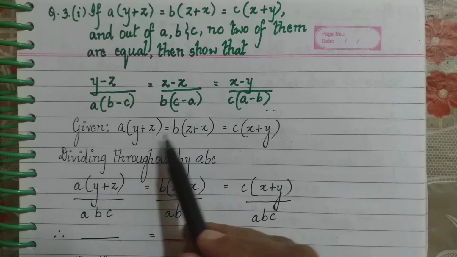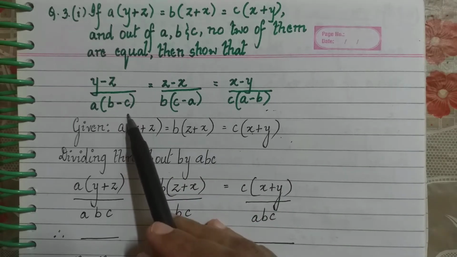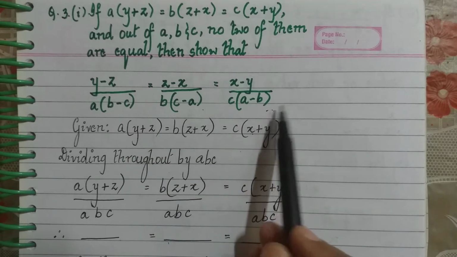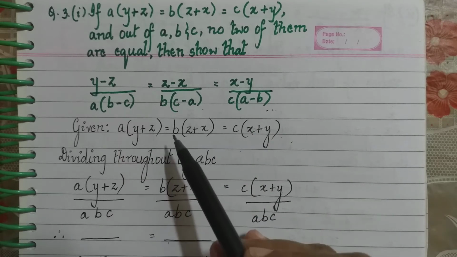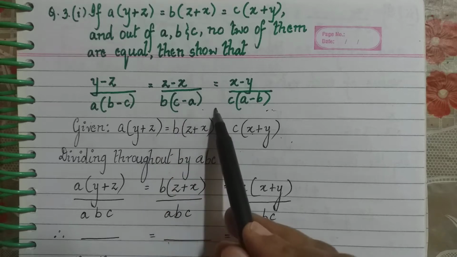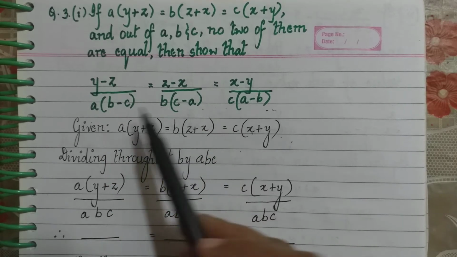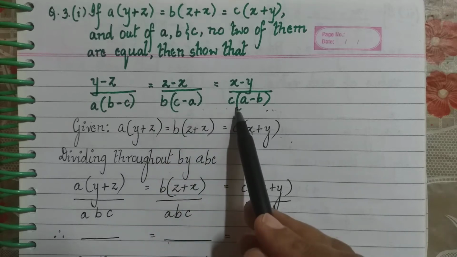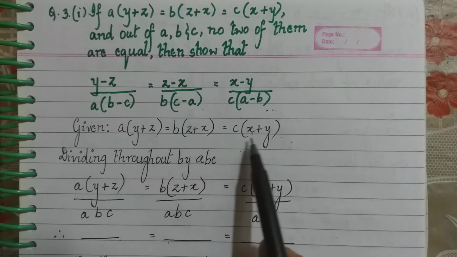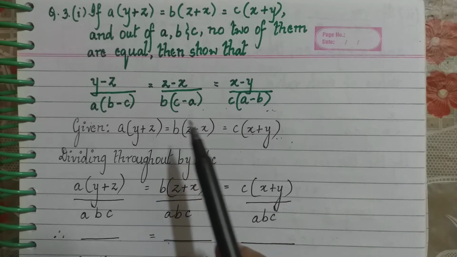If you see what we have to prove, in the denominator each time we are having one of a, b or c left.